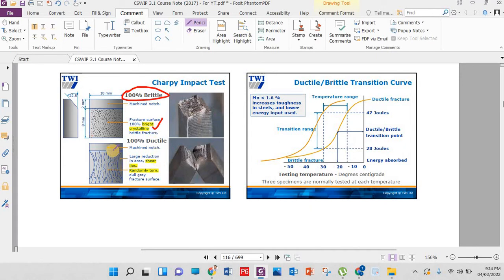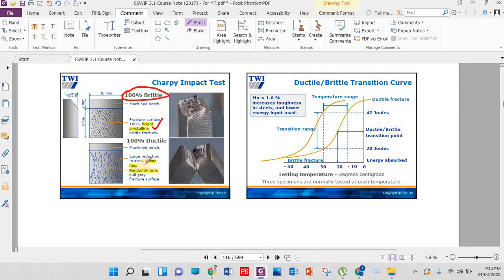But here we can see some sort of lips, some sort of longitudinal pattern, like when we stretch cotton and it becomes small, thin flocks. This is known as shear lips.